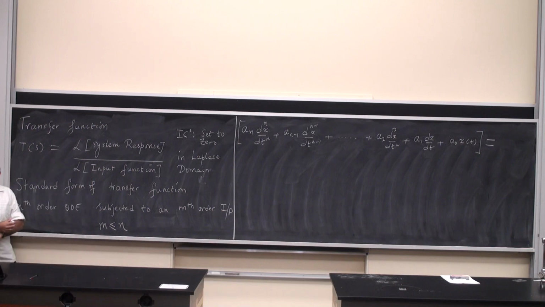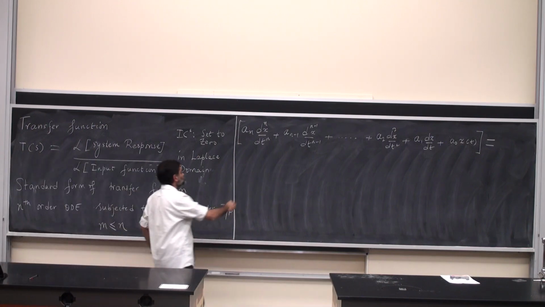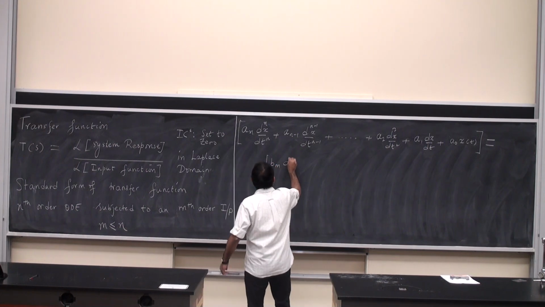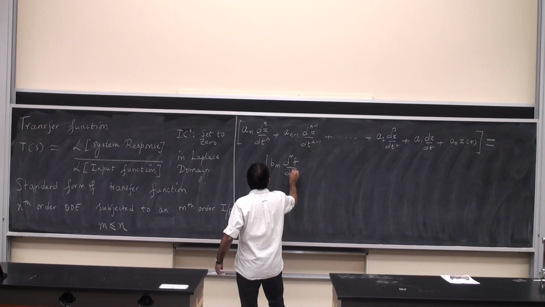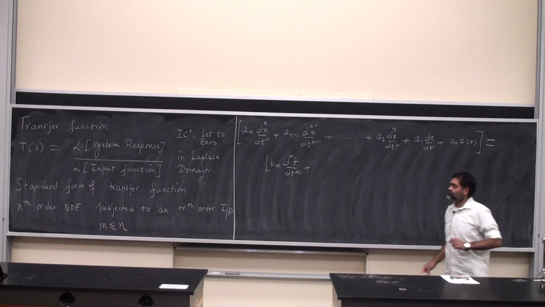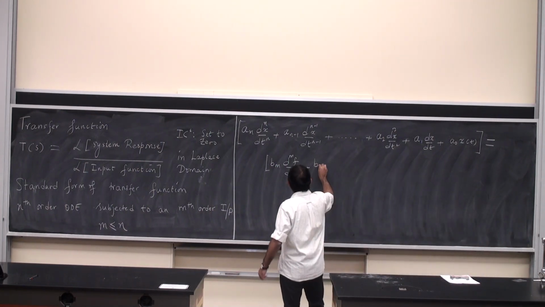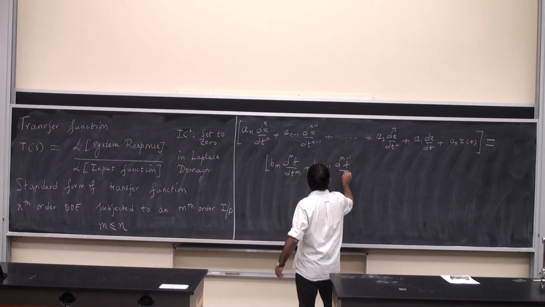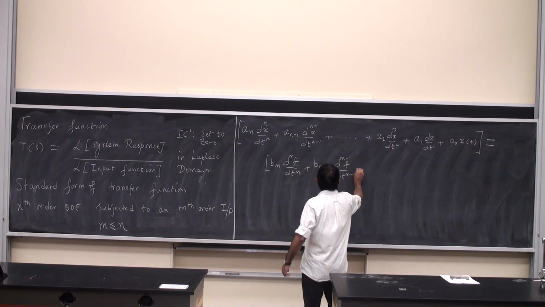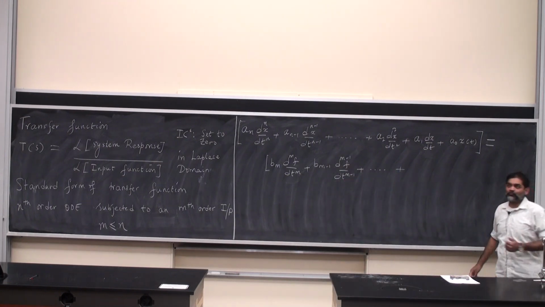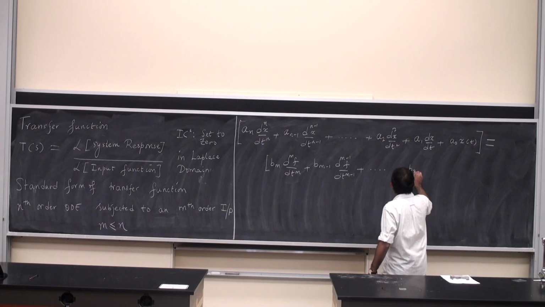This is equal to the following: b_m times the mth order input function, then the (m-1)th coefficient of that, then the second, first and the last coefficients, b2, b1, b0.